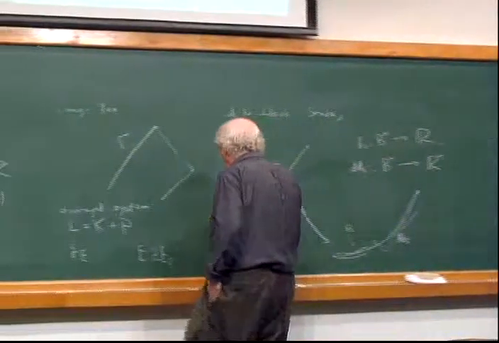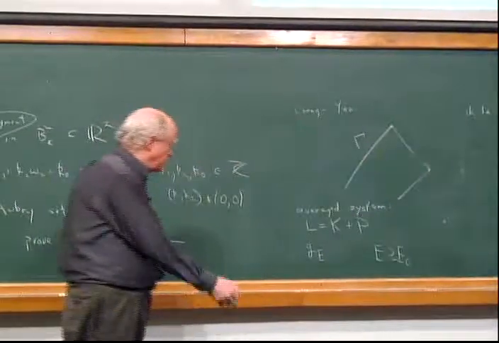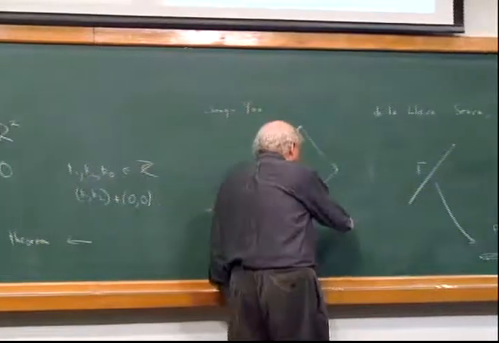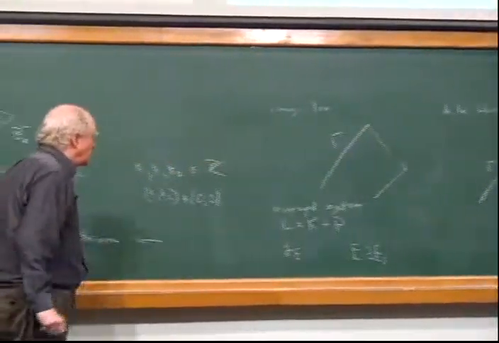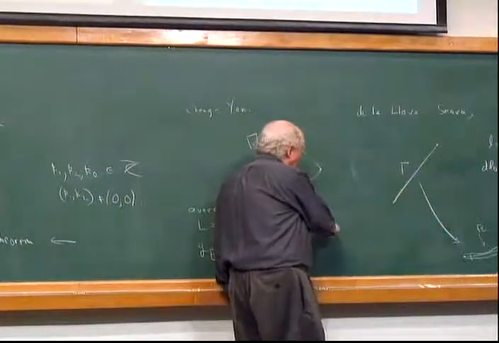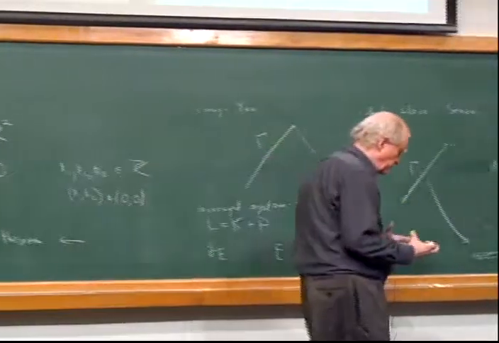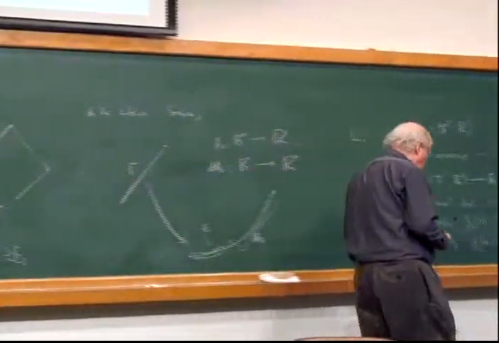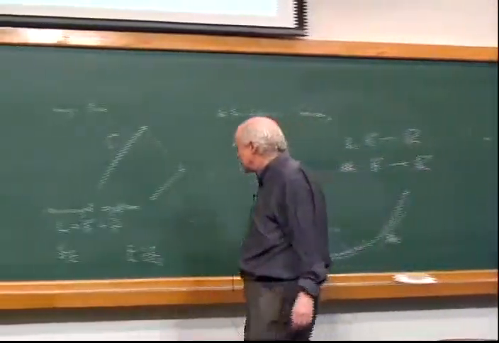Well, there's a very simple theorem in Riemannian geometry that, as far as I can see, was first proved by Morse: if you have a Riemannian metric and you take a shortest curve in a homology class, it's a simple curve.